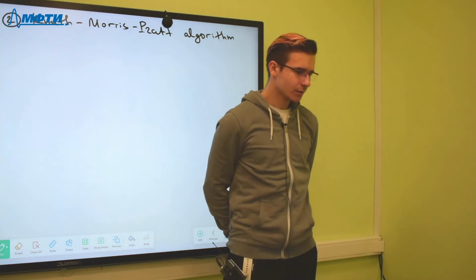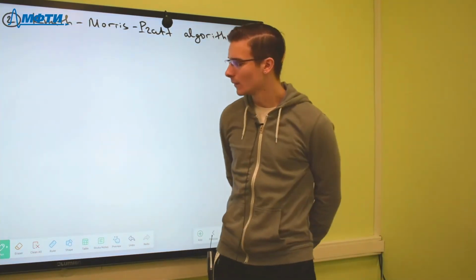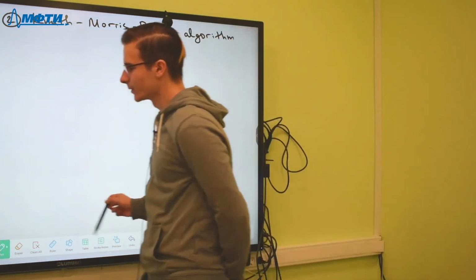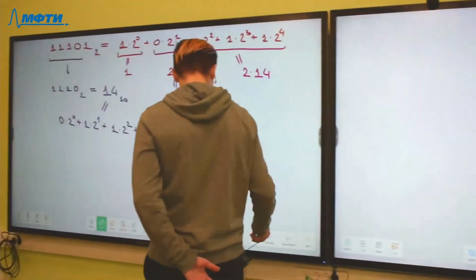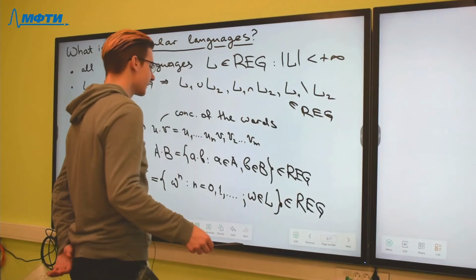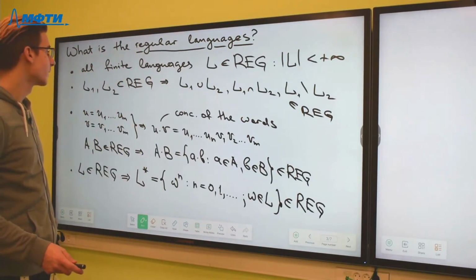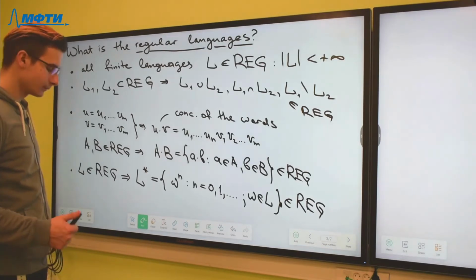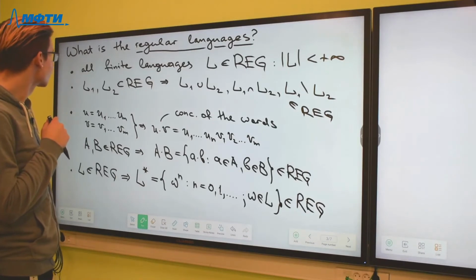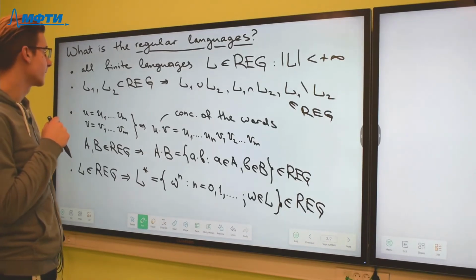The definition of the correct bracket sequence is very similar to this definition, because if you try to understand what it is, we can define it by induction.